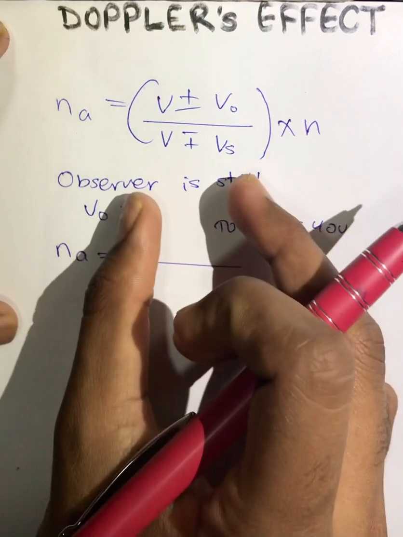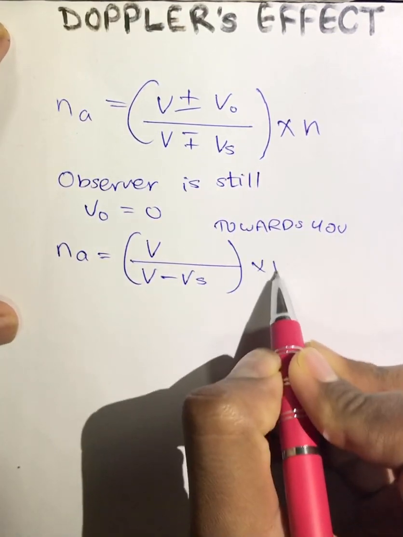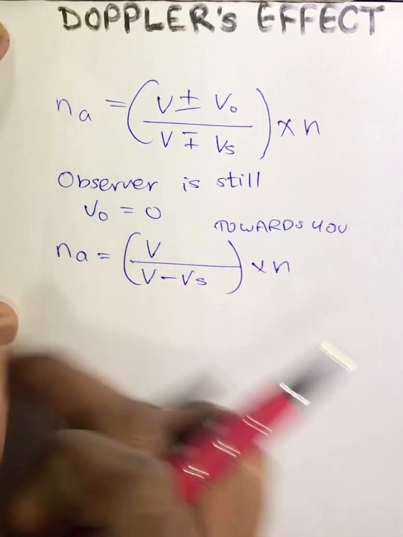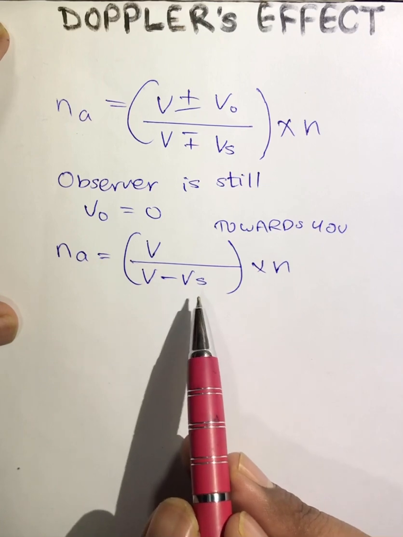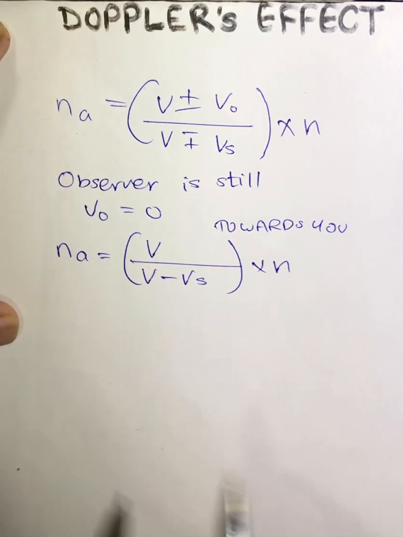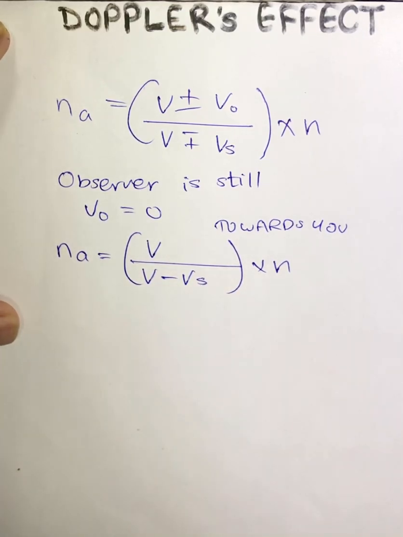So in the denominator you should subtract the velocity of the source so that you get the value of Na to be greater. Since Na is inversely proportional to Vs, in order to get the value of Na to be greater, you need to subtract the velocity of the source so that the denominator becomes lesser.